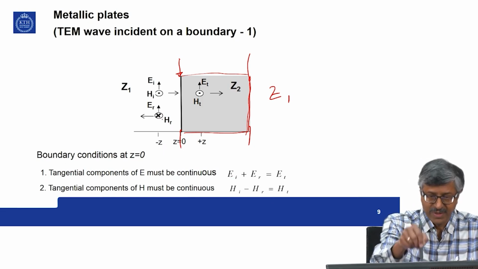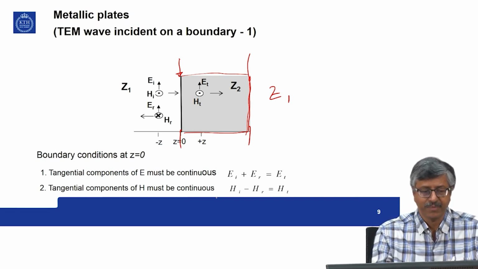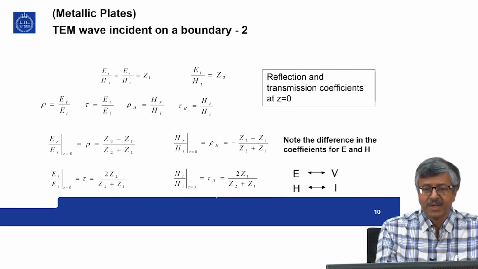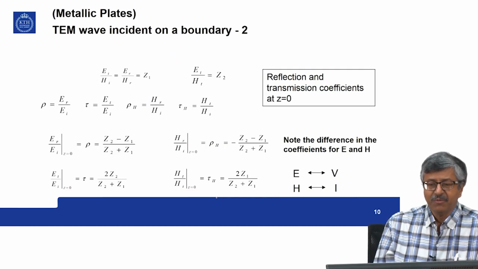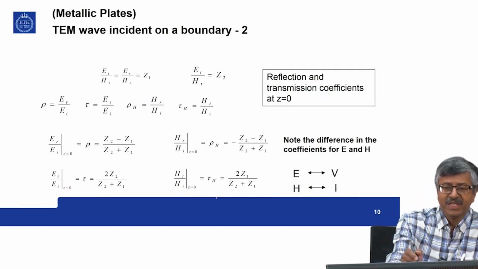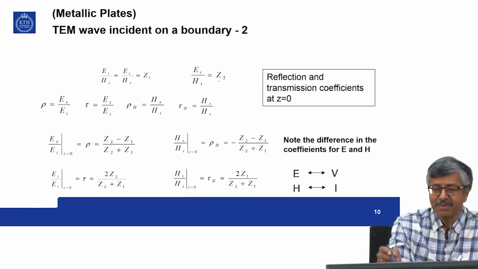So, we assumed a negative direction, so minus HR equal to HT. So, these are the boundary conditions we have seen before. Now, we can define Z1 and Z2. Z1 is the free space impedance in medium 1, Z2 is impedance in medium 2.